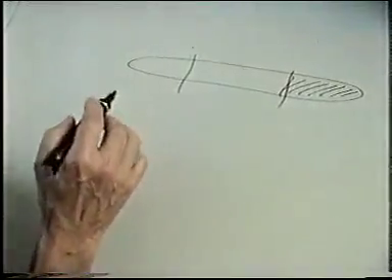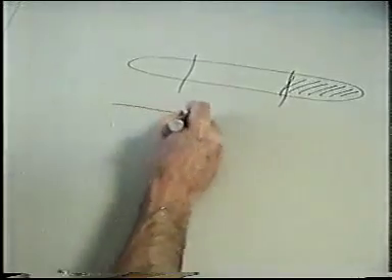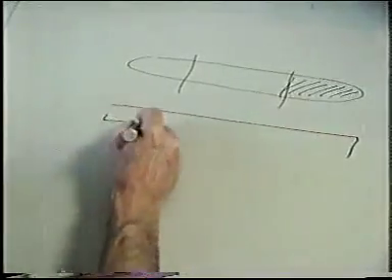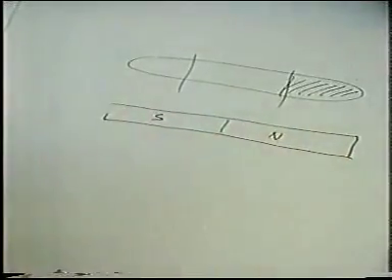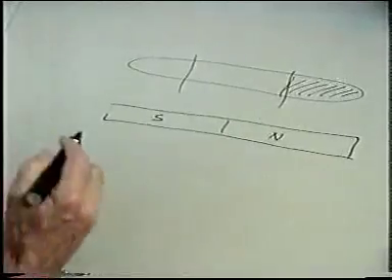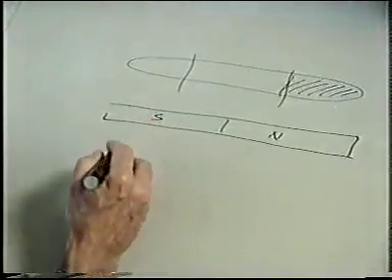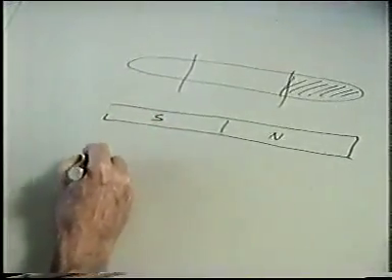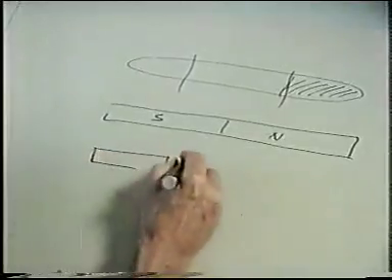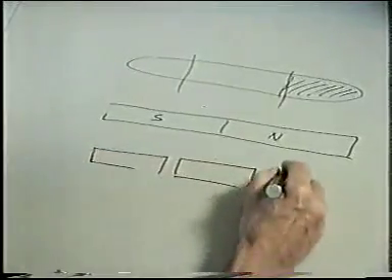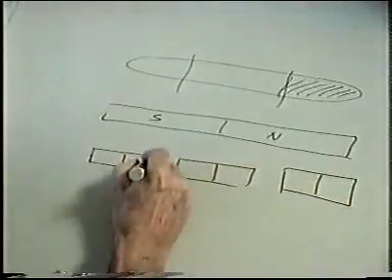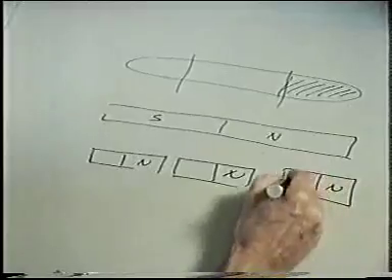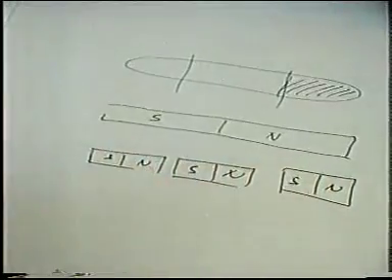Now, let me make an analogy. Supposing we had a bar magnet here, and as you know, a bar magnet has a north and a south pole. Now, if we took a hacksaw and sawed this magnet into three pieces, we would immediately discover that we would have three little magnets, each one with a north and a south pole.